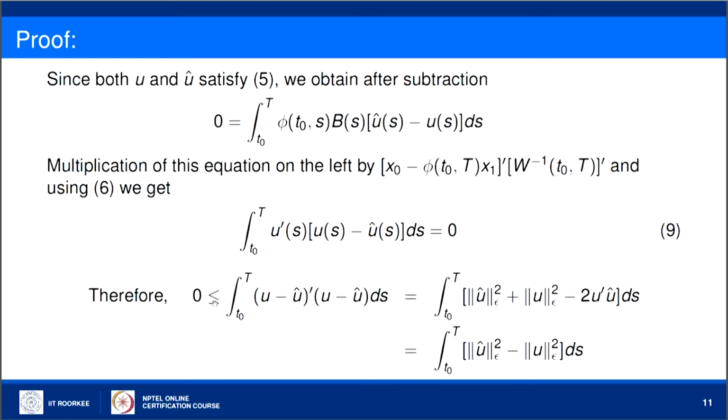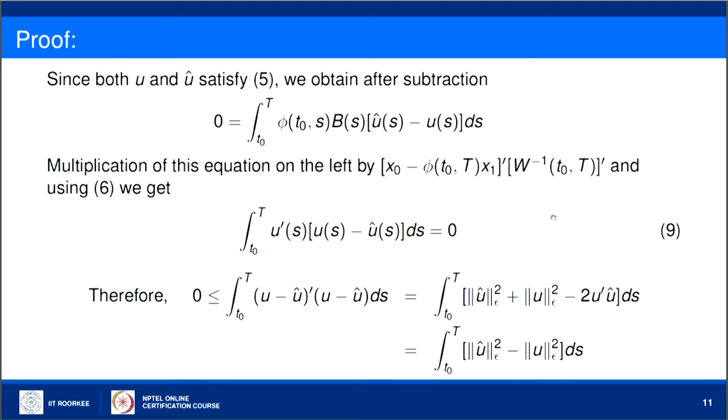So, 0 is less than or equal to the integral from t0 to capital T of the norm of u minus u cap squared ds. If you open the brackets, we will get the norm of u cap squared plus the norm of u squared minus 2 times u dashed into u cap.